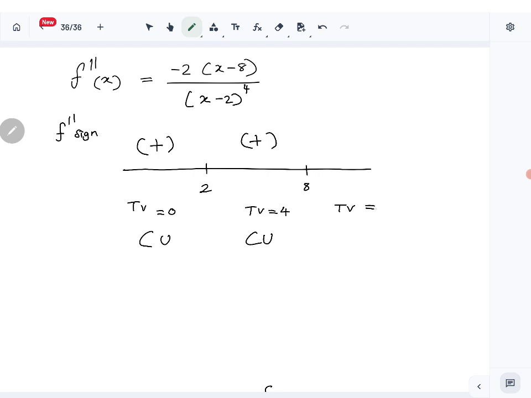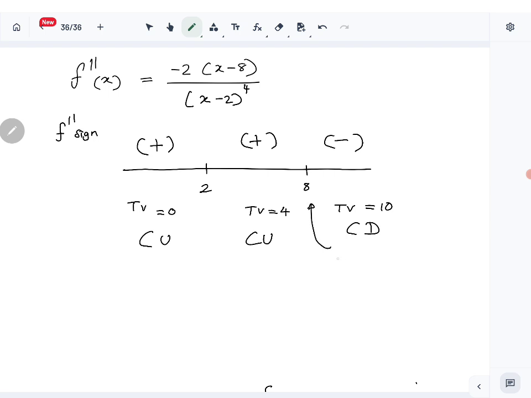Then the final interval, more than 8, use 10. So the denominator is positive. Minus into positive becomes minus. So in this interval, negative, so concave down. Right. The only inflection point can happen at 8. So let's see if it is an inflection point. Yes, concavity changes from up to down. So 8 is an inflection point.